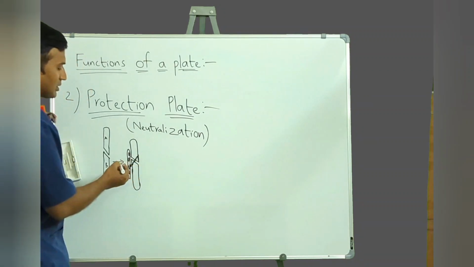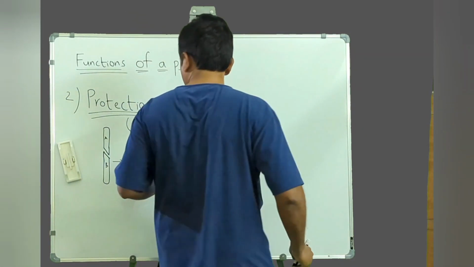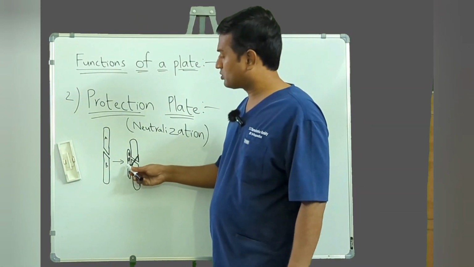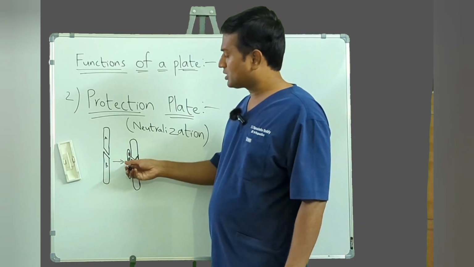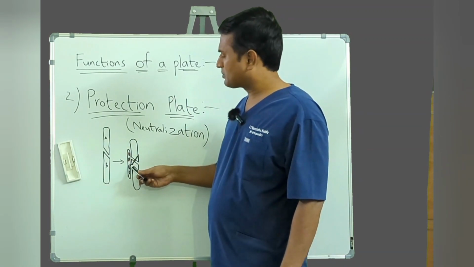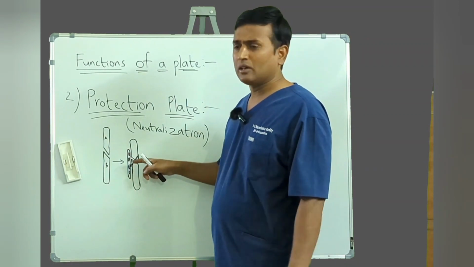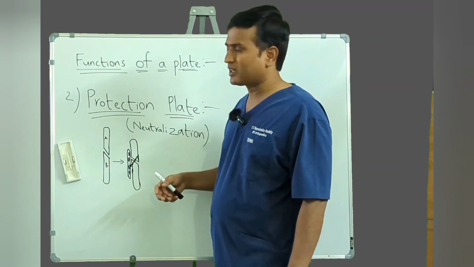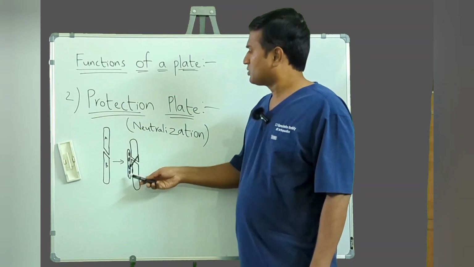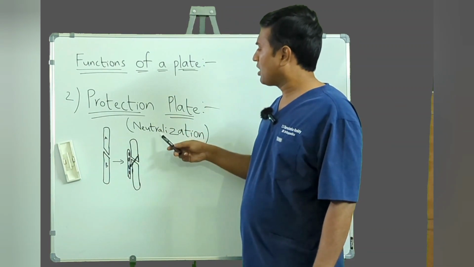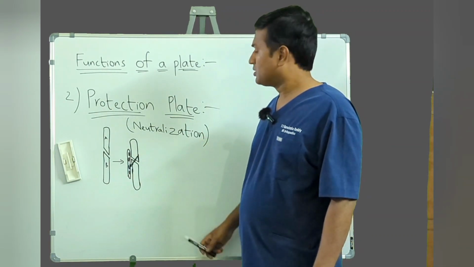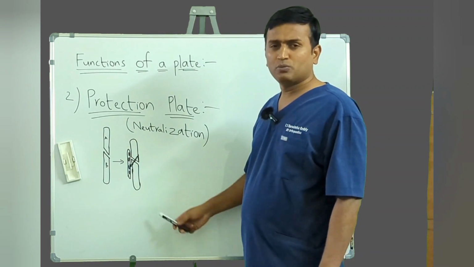However, sometimes we can pass this lag screw through the plate, and sometimes we can just fix one lag screw and then put a plate for more stabilization. Such a plate we call a protection plate or neutralization plate. I hope that should be useful.